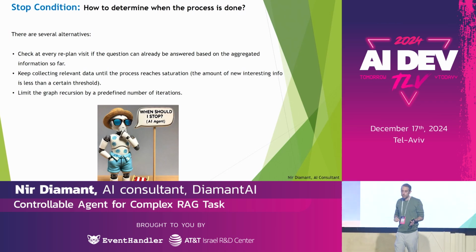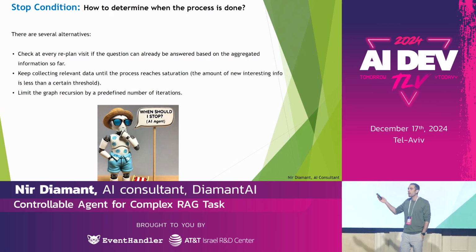The second option is to keep collecting relevant data until we get some kind of saturation, where we don't have any new interesting information added to the agent. And lastly, we can limit the graph recursion by some predefined number of iterations.